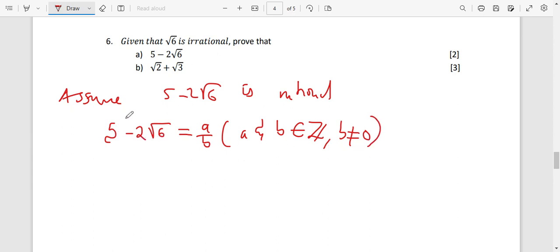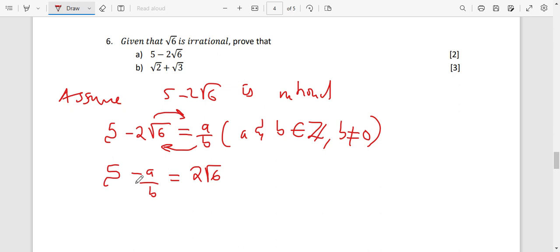Simply take 5 the other side. Or let me take this one since it's negative this side, and then I take this one this side. I saw people taking the negative 2 square root of 6 the other side and the a over b the other side, but I don't know if people know how signs change. So this is going to be 5 minus a over b, and that is going to be equal to positive 2 square root of 6.